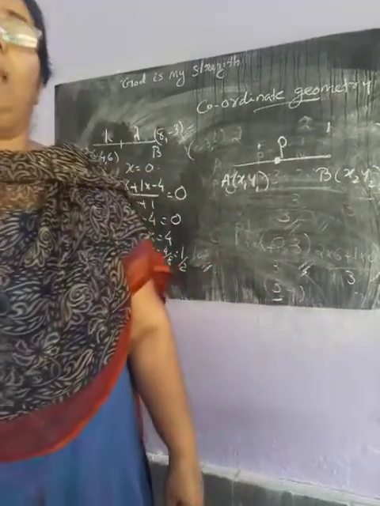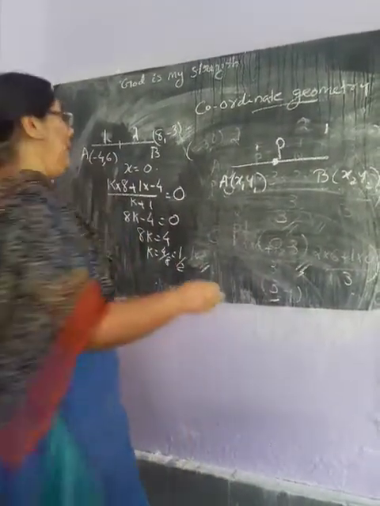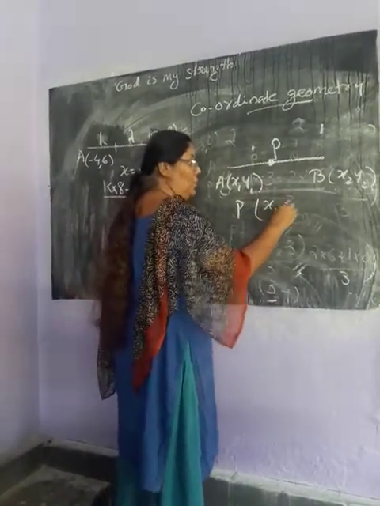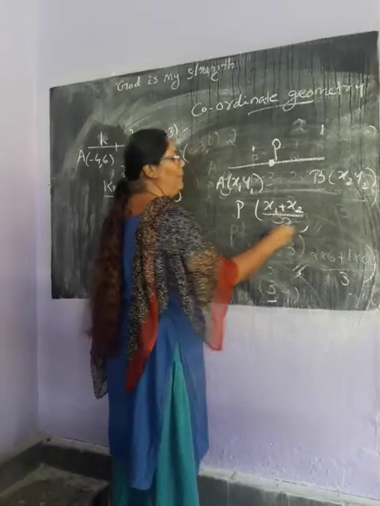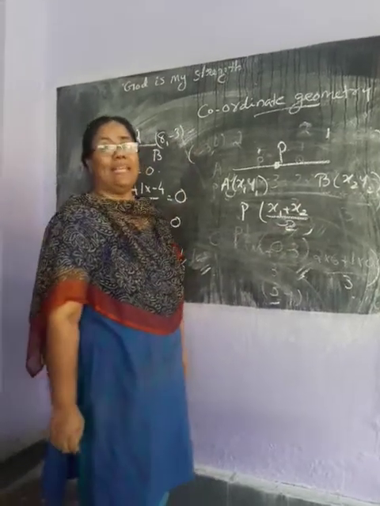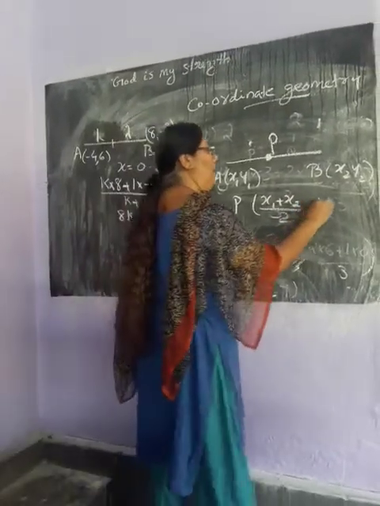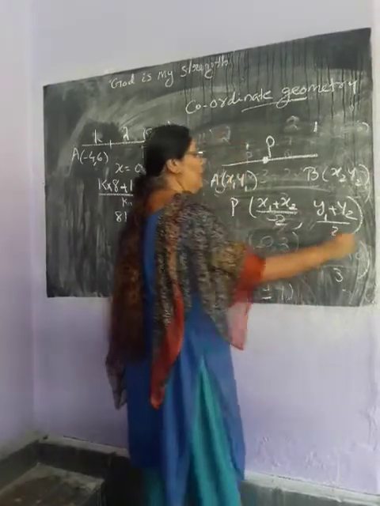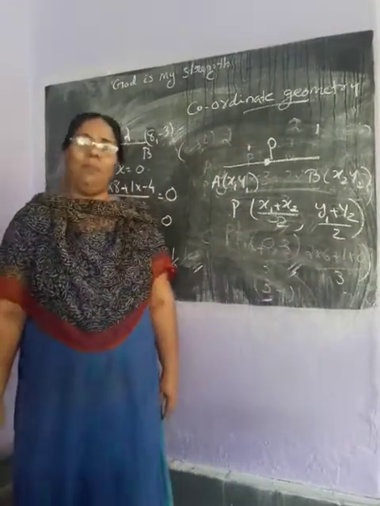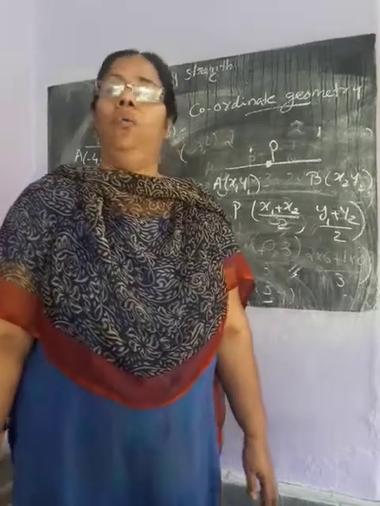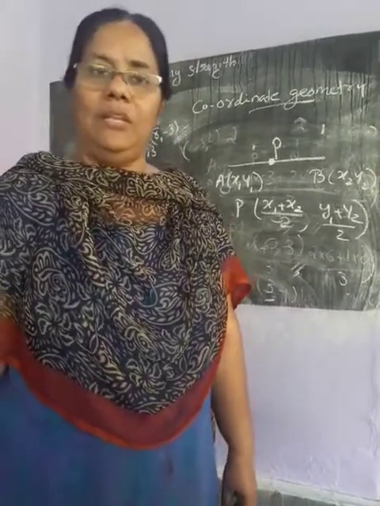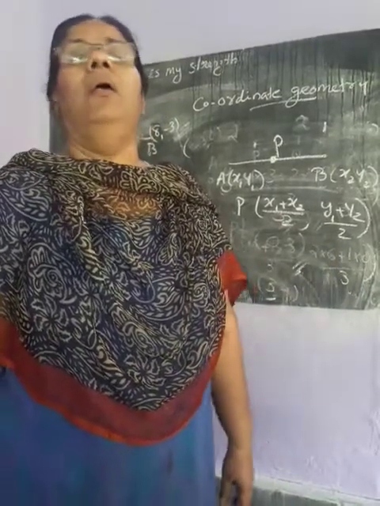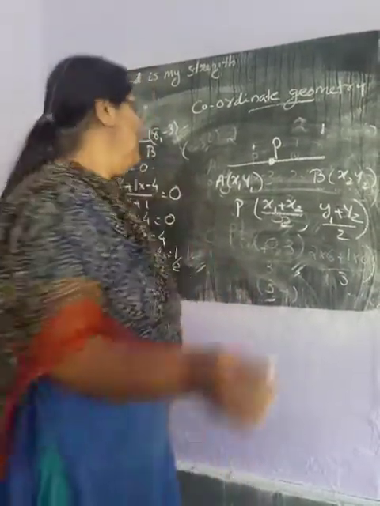Therefore, the formula to find the midpoint P is x1 plus x2 by 2, comma, y1 plus y2 by 2. This is the midpoint formula. Repeat: what's the midpoint formula? x1 plus x2 by 2, comma, y1 plus y2 by 2.